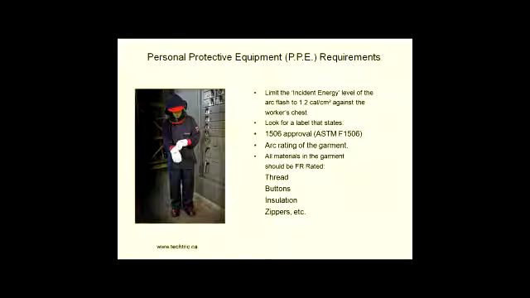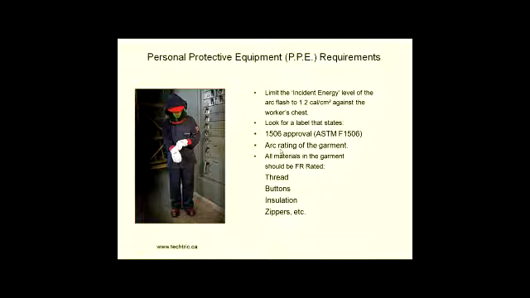All right, personal protective equipment, PPE requirements. What is the PPE requiring us to do? Limit the incident energy level of the arc flash to 1.2 calories per centimeter squared against the worker's chest. You have to look at the label that states 1506 approval, ASTM, and so on.